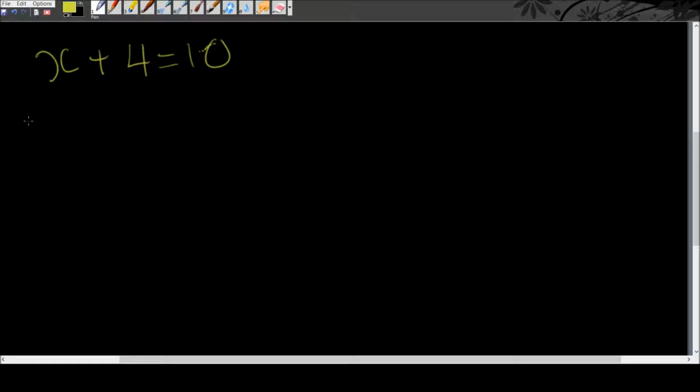But how do we get there? How do we show our workings out? Which is what some of you may want to know. So this is how we're going to show our workings out. When solving equations, we basically want to have an end result that is x is equal to a number, okay?